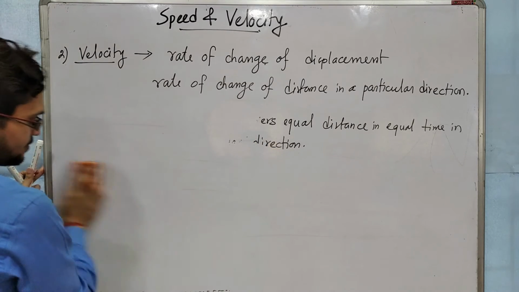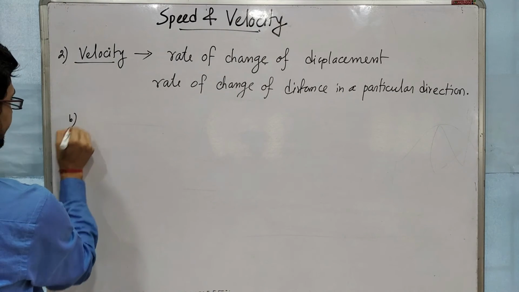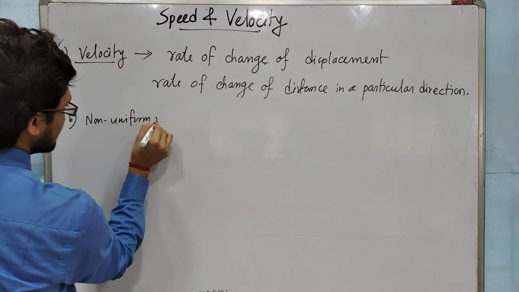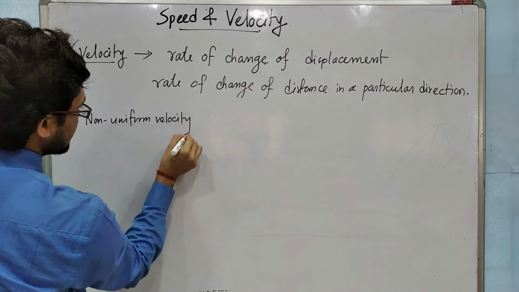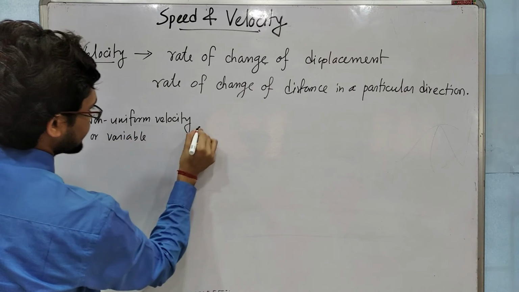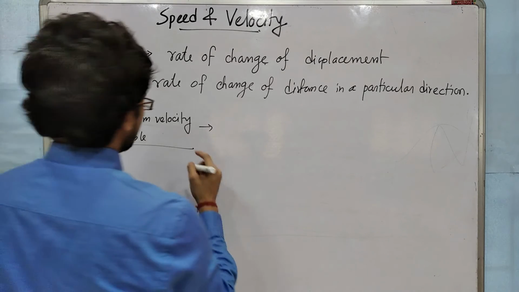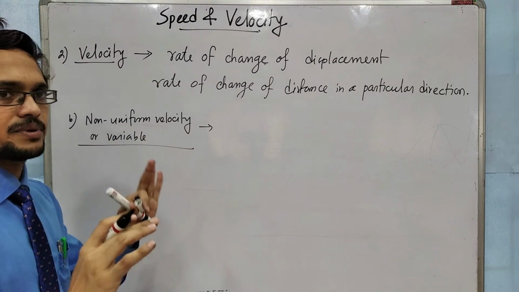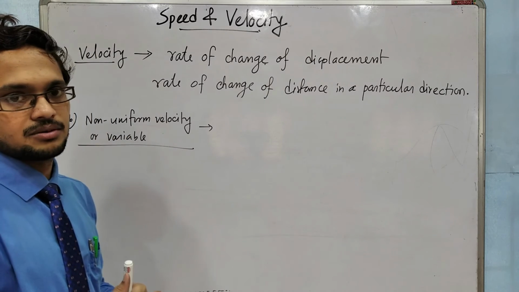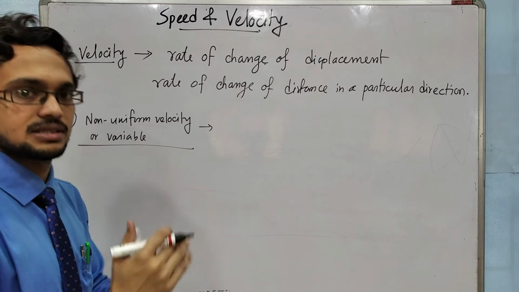Next, non-uniform velocity. This is very important here. Non-uniform velocity, or we can say variable velocity. Velocity is a vector quantity, so non-uniform means if magnitude changes with time, or if direction changes with time, or both magnitude and direction change with time.